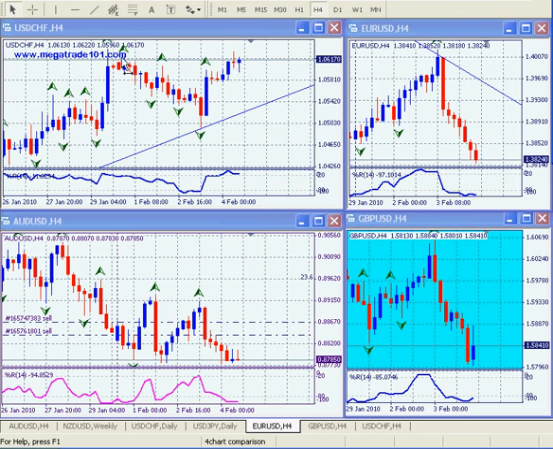However, some technicians would notice that this may be a double top formation that would give a downward correction somewhere around here, and then on the next leg it would move higher.